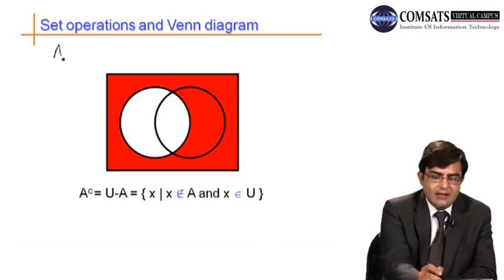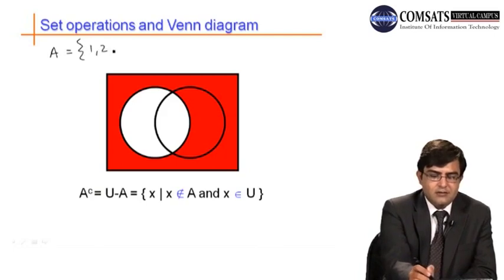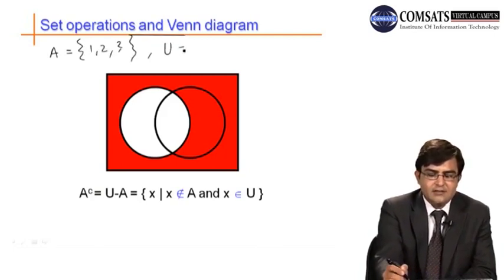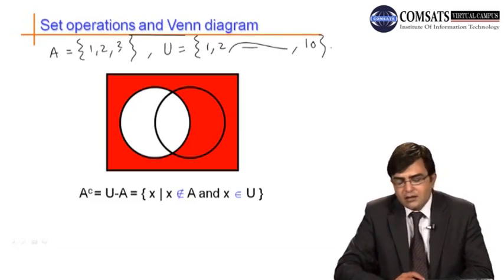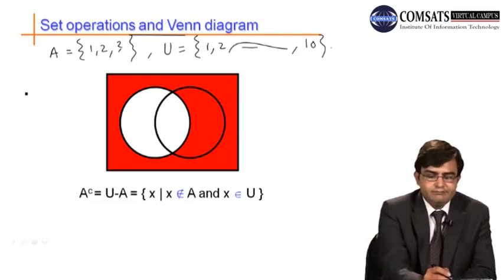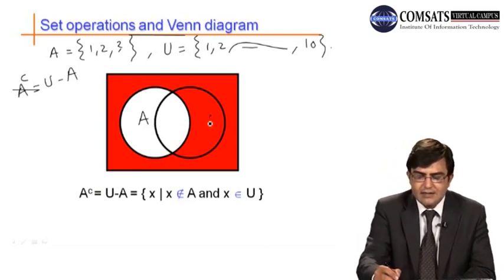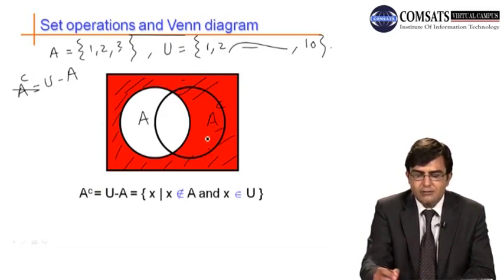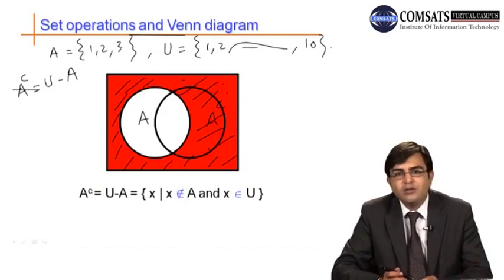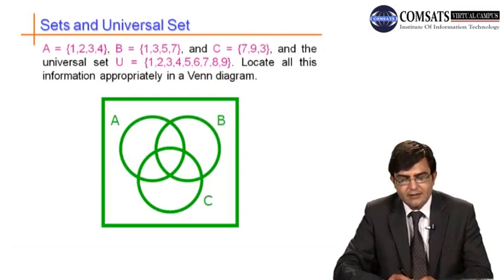If we have a set A, for example 1 2 3, and the universal set is 1 2 up to 10, then the complement of A will be U minus A. If this set is A, then A complement is the whole region other than A. This is how we can express the complement of A using Venn diagrams.